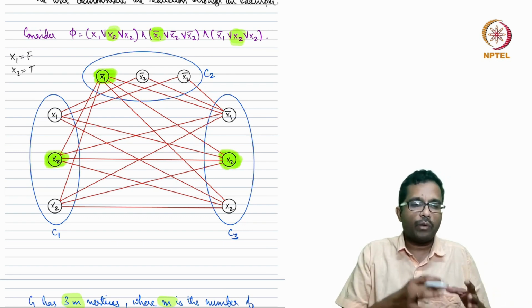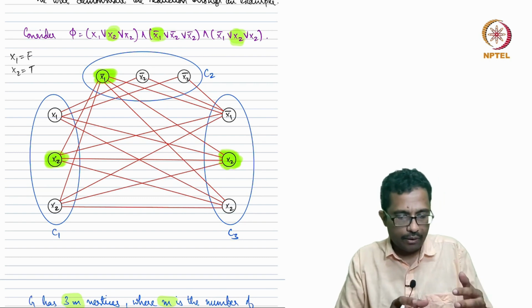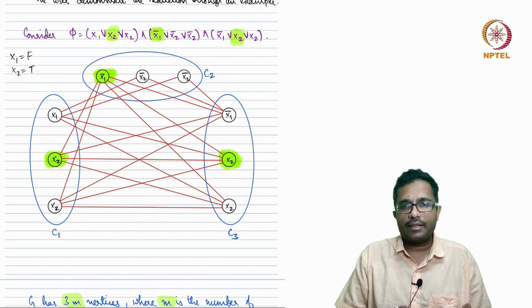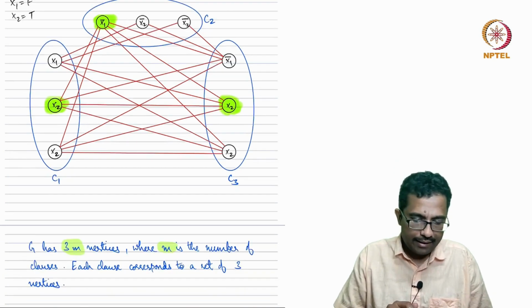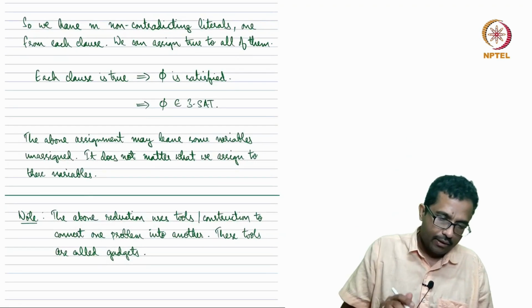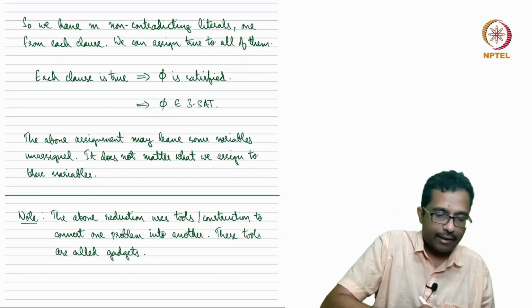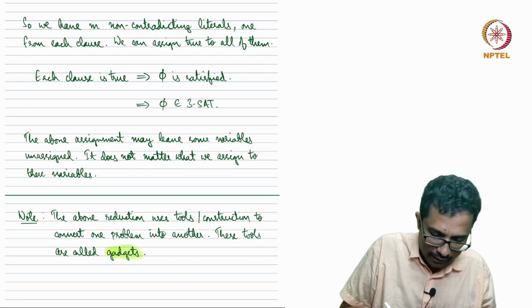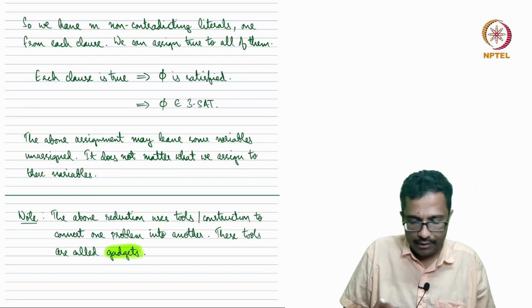Many times when we are reducing one problem to another, we need to make use of these types of constructions, and these constructions are commonly called gadgets, right? So these are tools for making the reduction. Sometimes they are called gadgets.